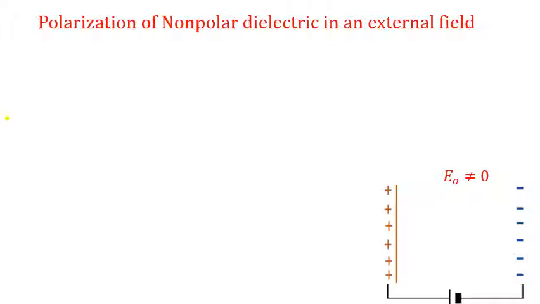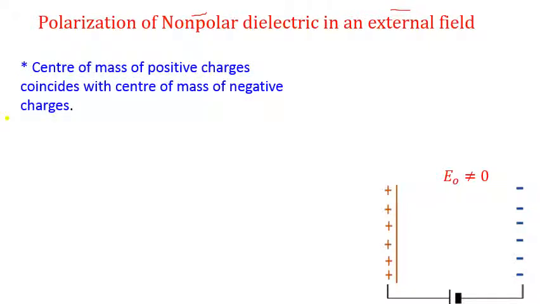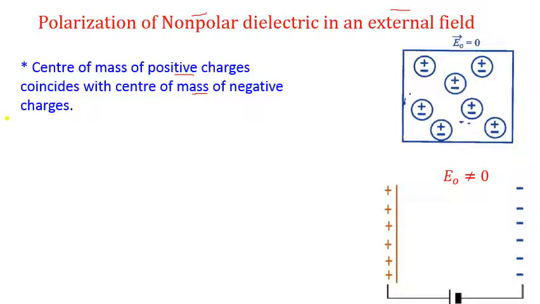Polarization of non-polar molecules or dielectrics when kept in an external field. Just as we have seen, when molecules are non-polar, the center of mass of positive charges coincides with the center of mass of negative charges, and from the figure we explained this. Now when an external field is applied, by means of, suppose, a battery, this left hand side is supposed to be positive while this side is negative. We know unlike charges attract.